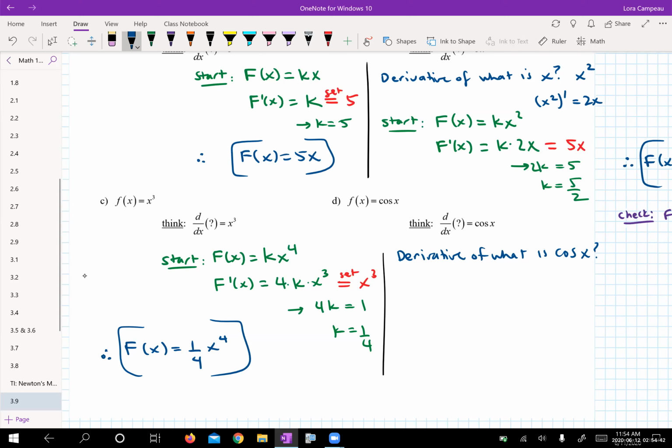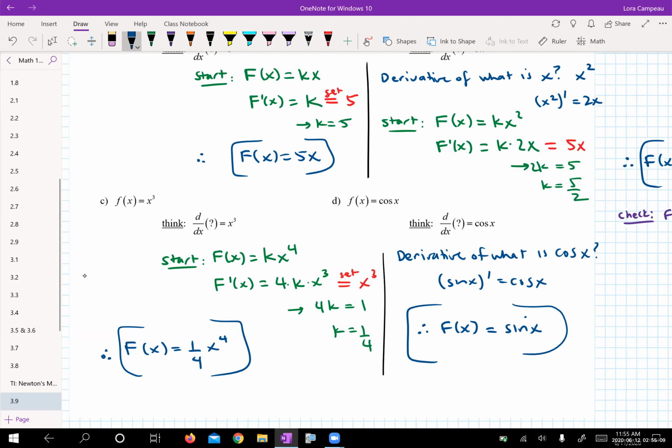I remember that if I took the derivative of sine, I would get a cosine x back. We didn't have any extra constants on this, and there are no extra complications in the argument. So right away, we can name the antiderivative. Capital F of x would be sine x.